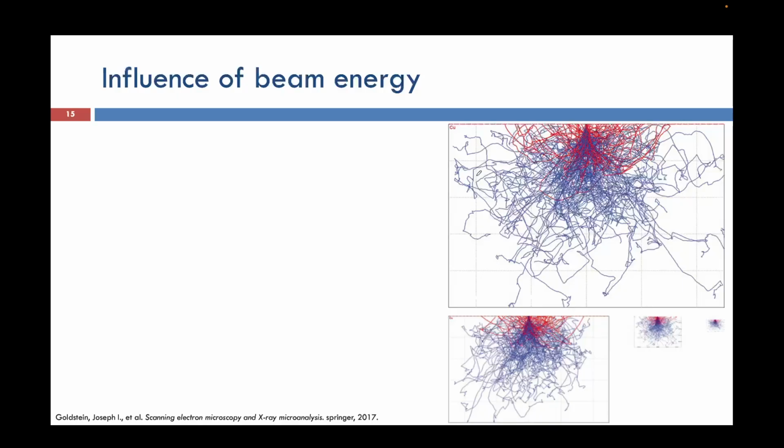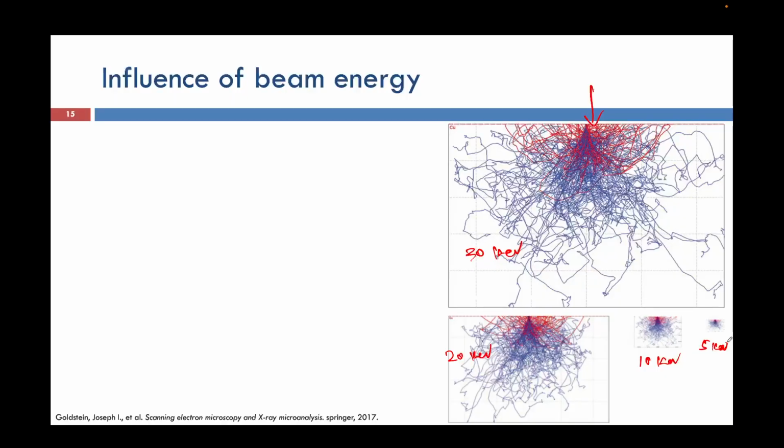So the beam energy, that means here the beam is coming. Let's say this is 30, this is 20 kV, this is 10 kV, this is 5. Though the images are small, you can enlarge them, put them in a proportional size, and then you can see.